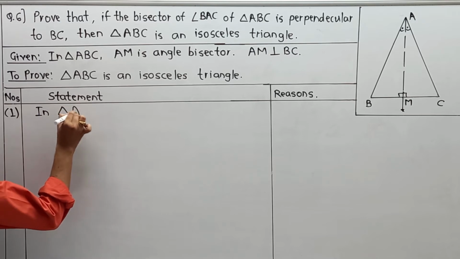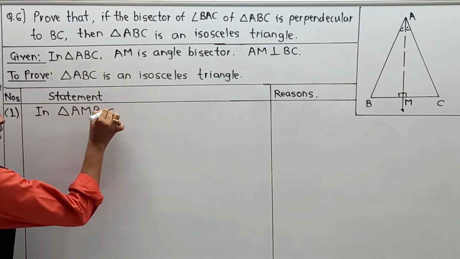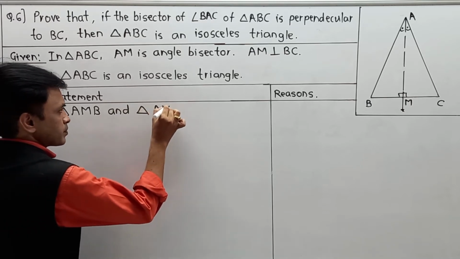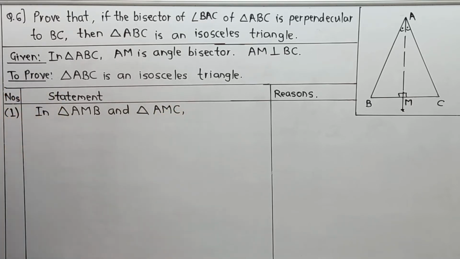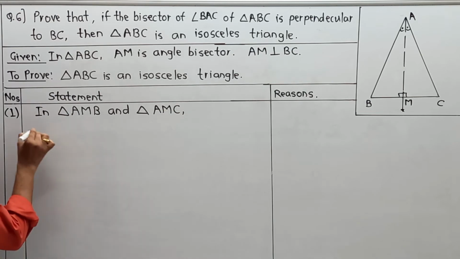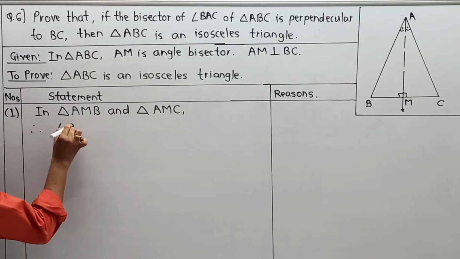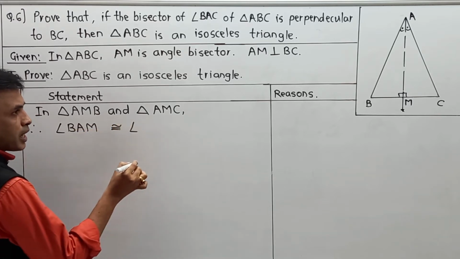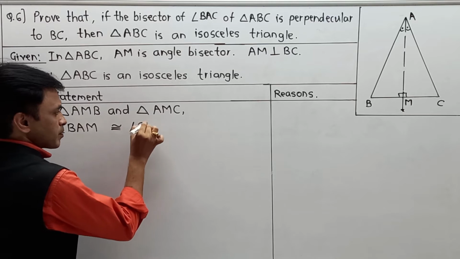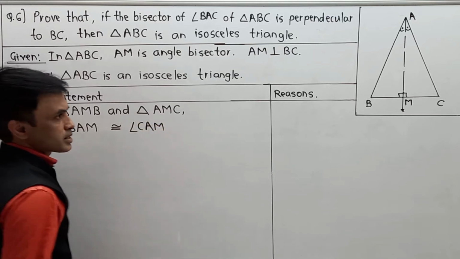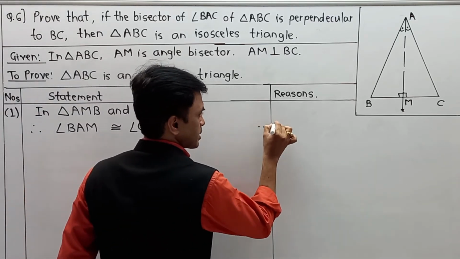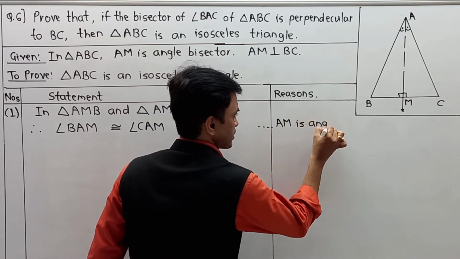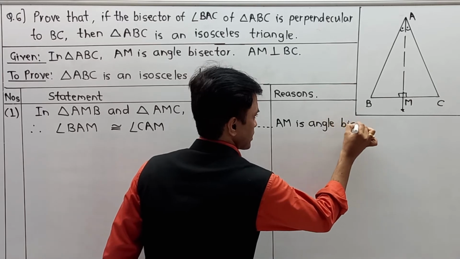In triangle AMB and in triangle AMC, one by one: angle BAM is congruent to angle CAM. Reason: AM is the angle bisector given by them.